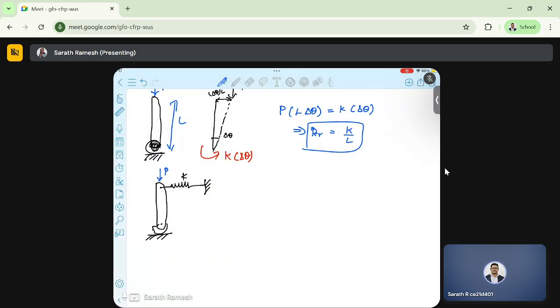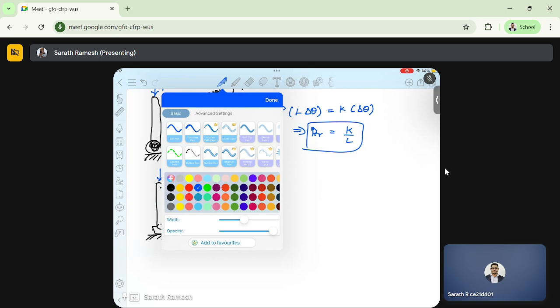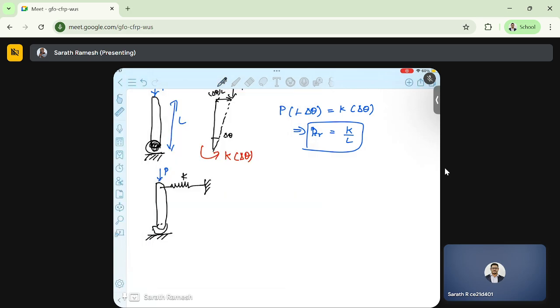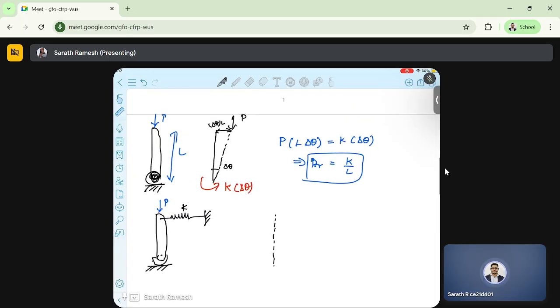Now what will be the free body diagram? Assume this is my initial configuration. I should have drawn the initial in dotted lines and the final in solid lines. Yeah, this is better.